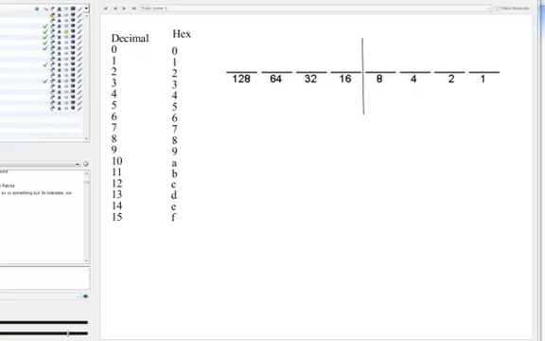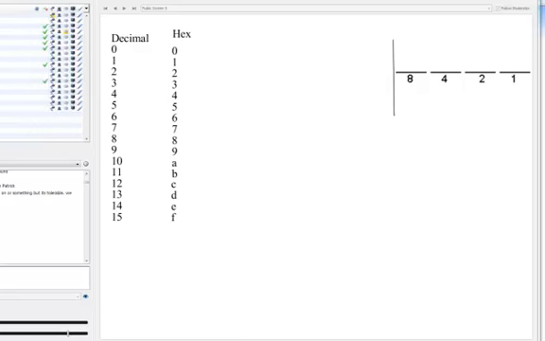So now what I want to do is convert hex to binary. Let me move this over a little bit more and give myself some room. Going through this, we're only talking about 4 bits. Maybe it'll be helpful if I just delete this.